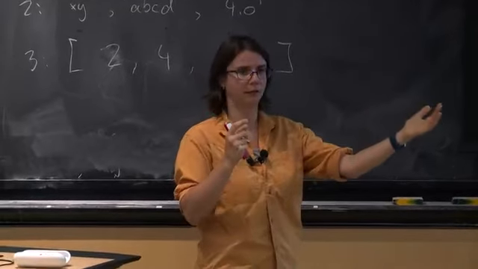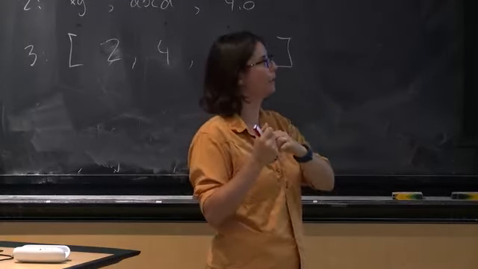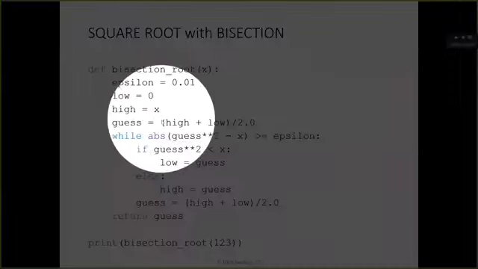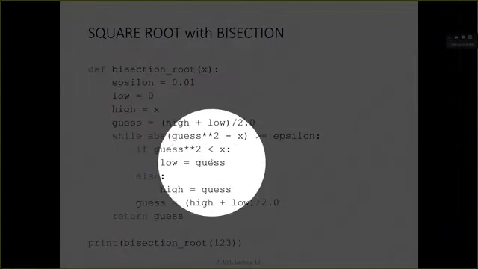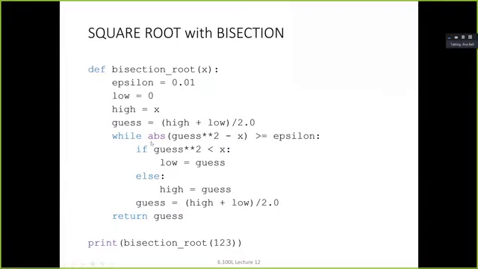So we're going to either reinitialize our low endpoint or our high endpoint depending on whether that guess was too low or too high. And then within the loop, we make another guess using those changed values of either low or high based on if or else. And then we keep doing this process of making more guesses at the halfway point as long as we're still farther than epsilon away. Okay, that was a recap of what we've done so far.